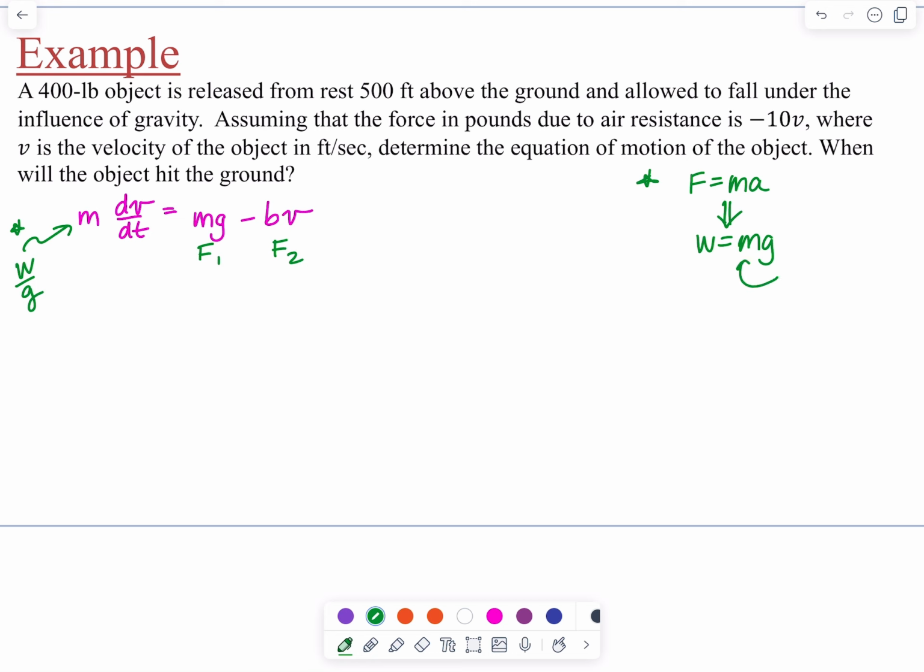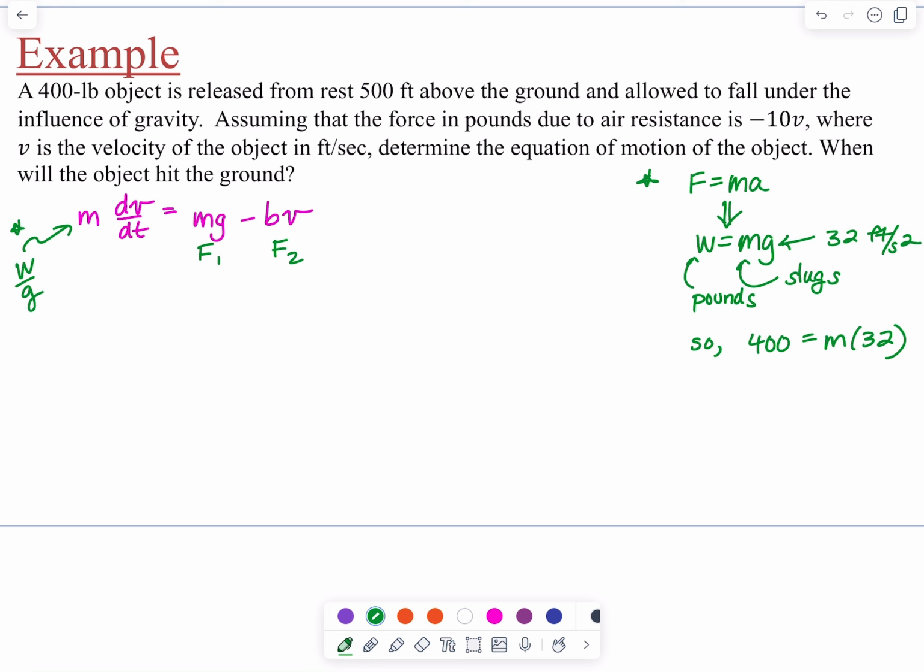Okay, and here this mass is going to be in slugs when our gravity is 32 feet per second squared, and when we have the weight in pounds. So we could say that 400 is going to be equal to our mass times 32.